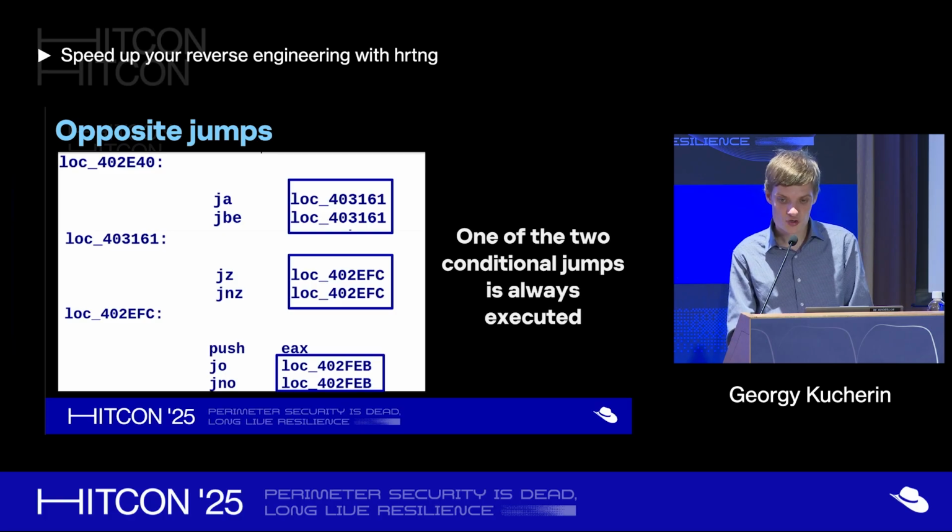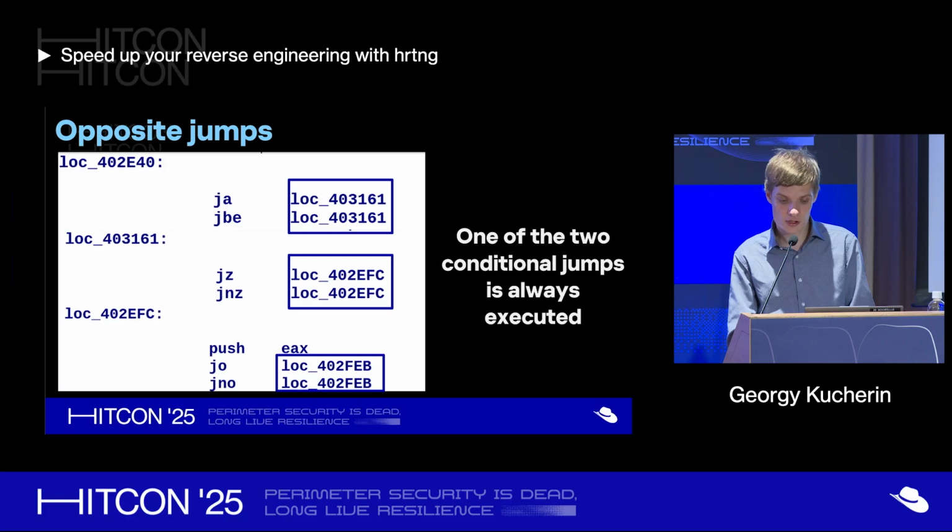And furthermore, these jumps are opposite to each other, because let's say JZ is jump if 0 and JNZ is jump if not 0. And because one of these two conditional jumps is always executed, they essentially serve as one unconditional jump. This is an obfuscation technique which is designed to break IDA's disassembler.